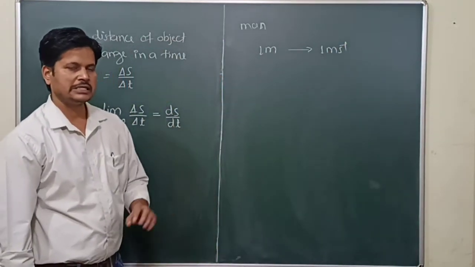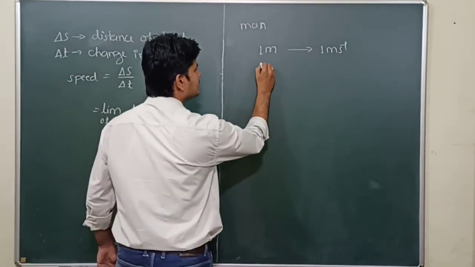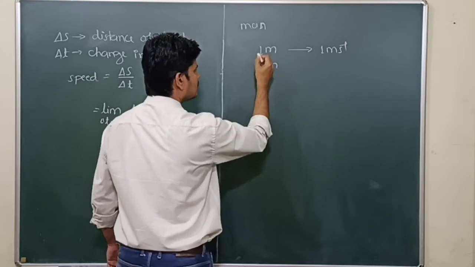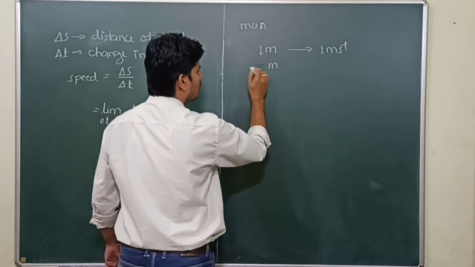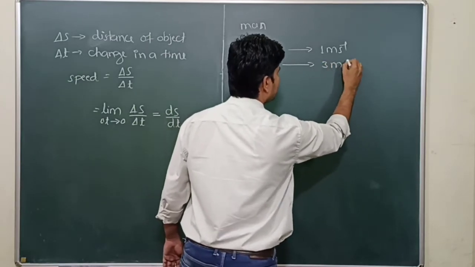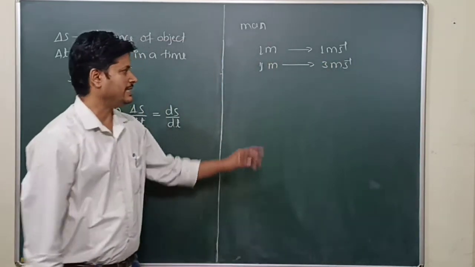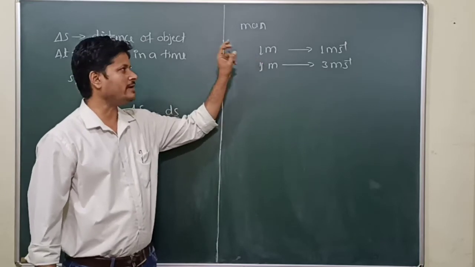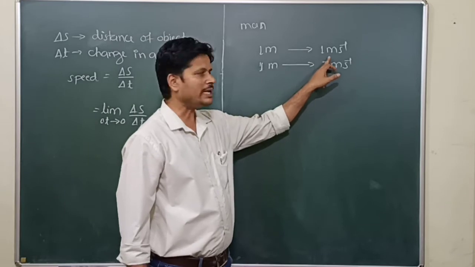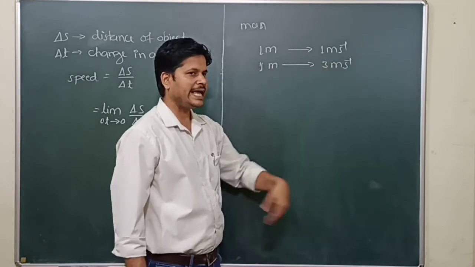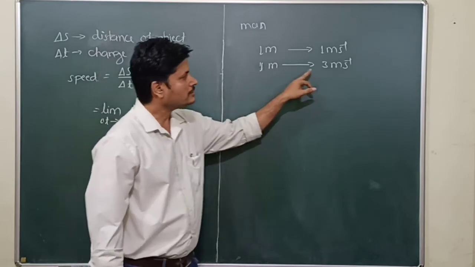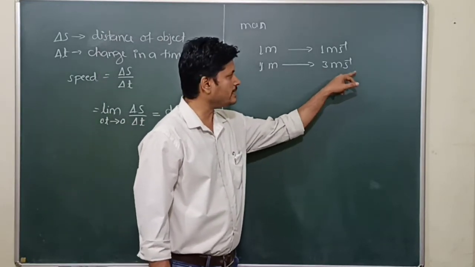Next, the man runs for 1 minute with a speed of 3 meter per second. First, initially the man walks with a speed of 1 meter per second. Next, the man runs with a speed of 3 meter per second.